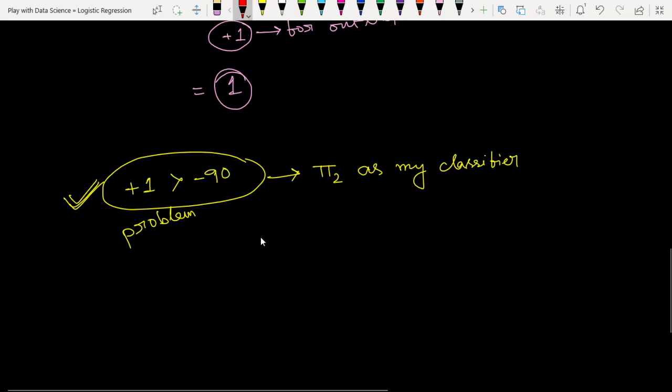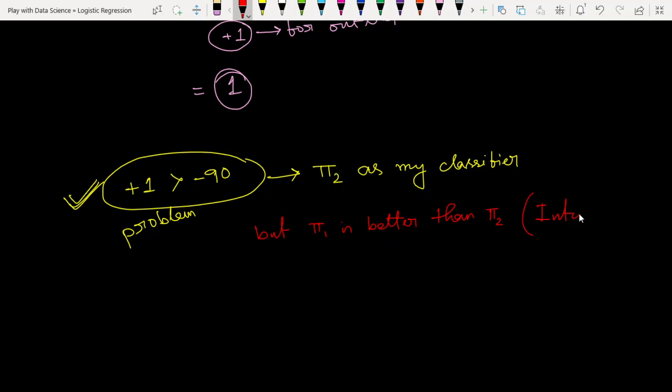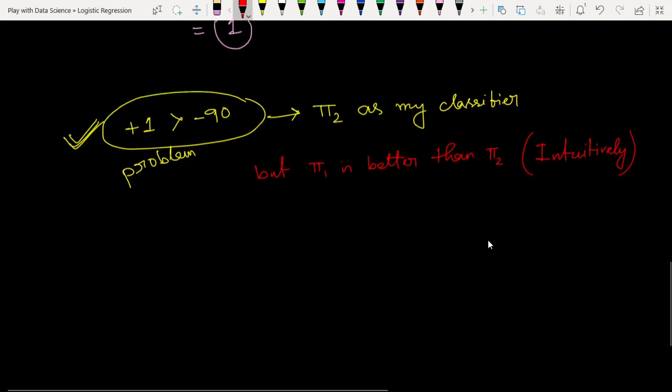But intuitively pi 1 is better than pi 2, while our mathematics shows that pi 2 is chosen. So this is one kind of contradiction.